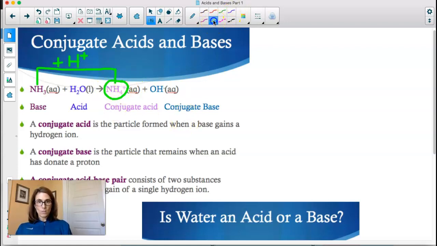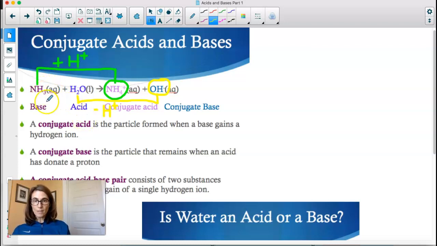Now, what does this mean for H2O? H2O goes to OH minus. So it has lost an H plus. When it loses an H plus, it becomes its conjugate base. In this case, its conjugate base is the hydroxide ion. So what happened? This acid, H2O, gave its H plus to NH3.